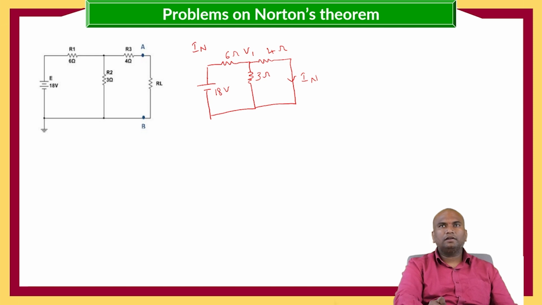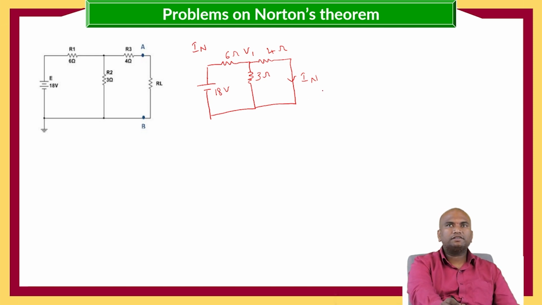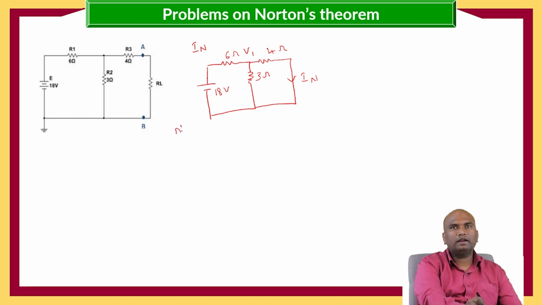Here, in order to calculate the Norton's current, we need to calculate V1, or we can go with the mesh analysis. That is, I'm going with the nodal analysis.